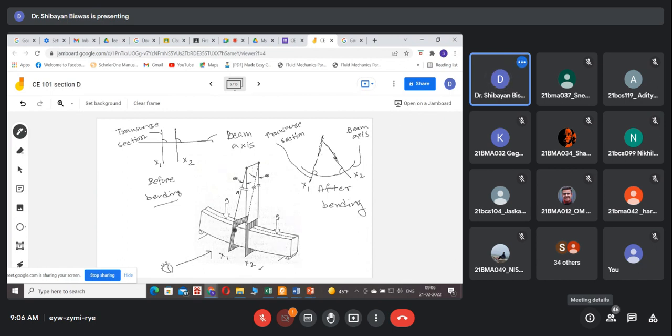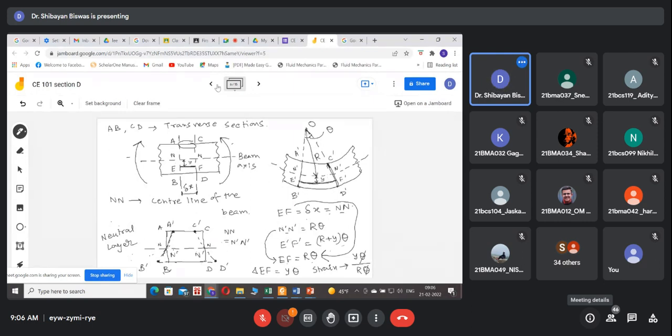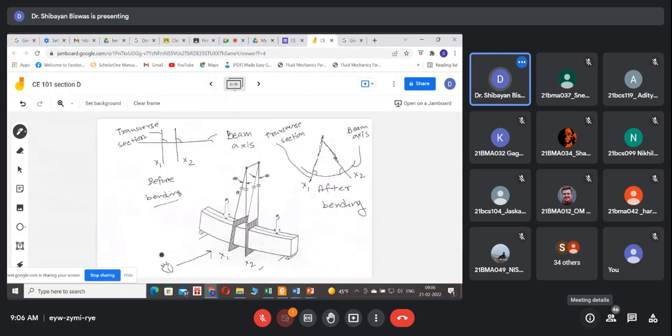So whatever expression we have derived, we have seen it from this side. Another way of looking at the beam is to see it from this side.